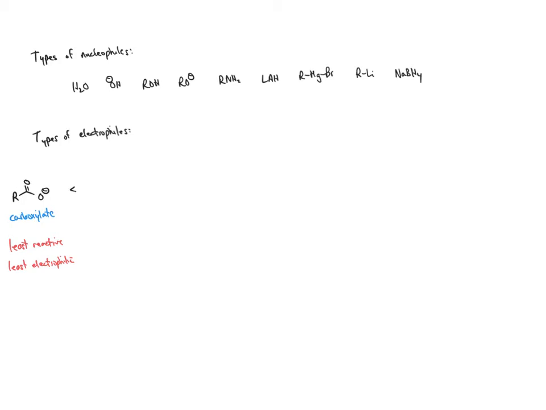Stepping up from there, we have the amide. And these R prime, R, and R double prime don't have to be the same. But this is the amide. Stepping up from there is going to be the ester.